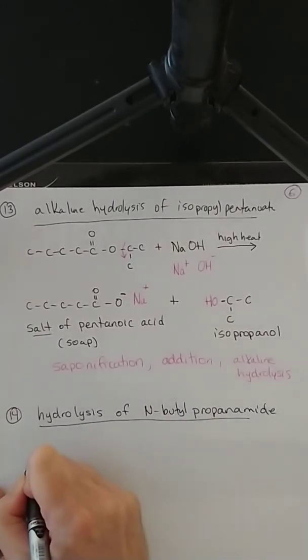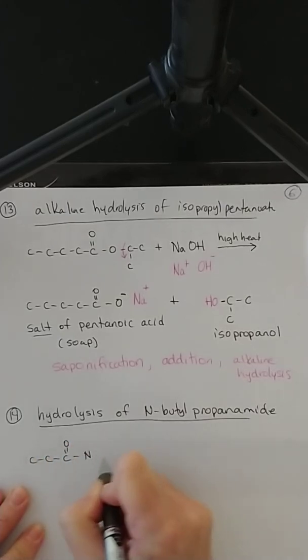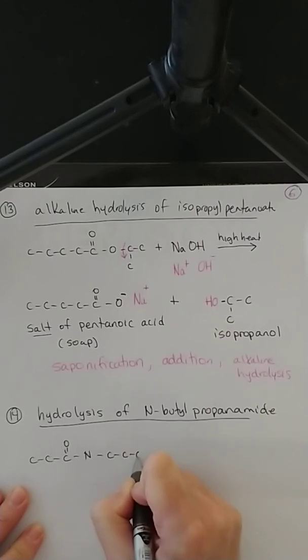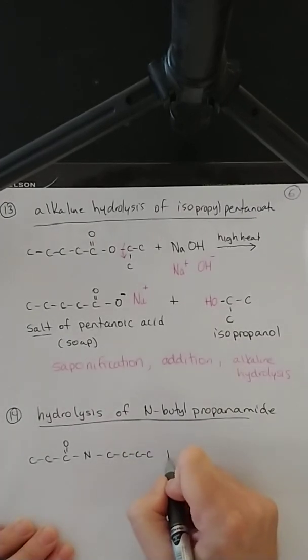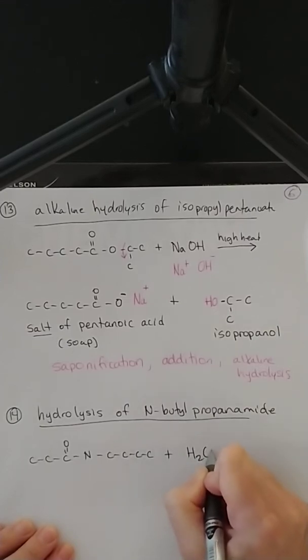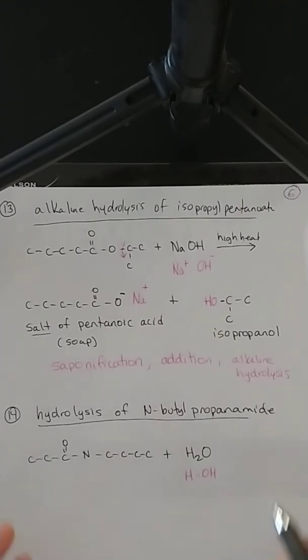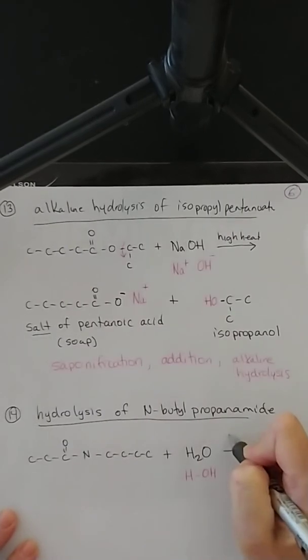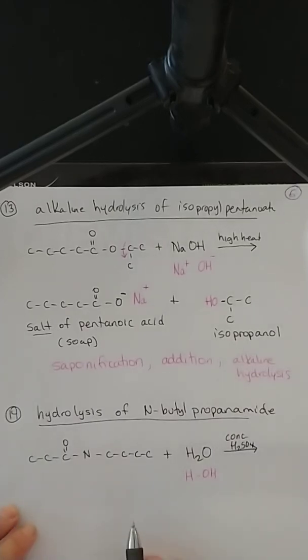So you have to recognize that's an amide, 3 carbons, and then you have a butyl group off of that. So that is your N-butylpropanamide. What we're going to do is react it with water. And remember, water is H with an OH. Whenever you carry out a reaction with water, you need concentrated H2SO4 as a catalyst.